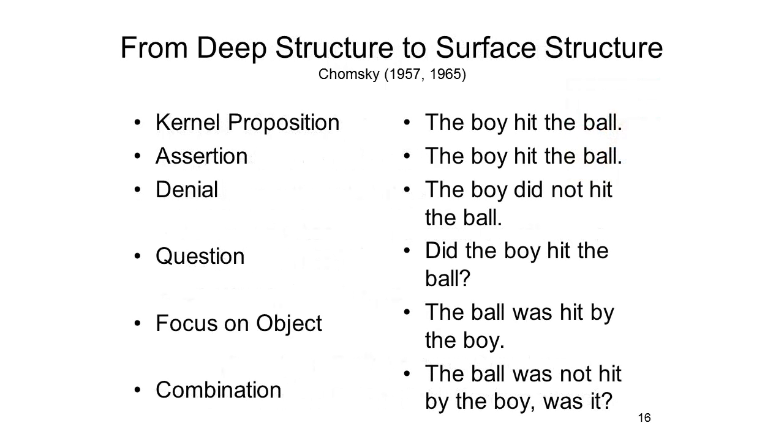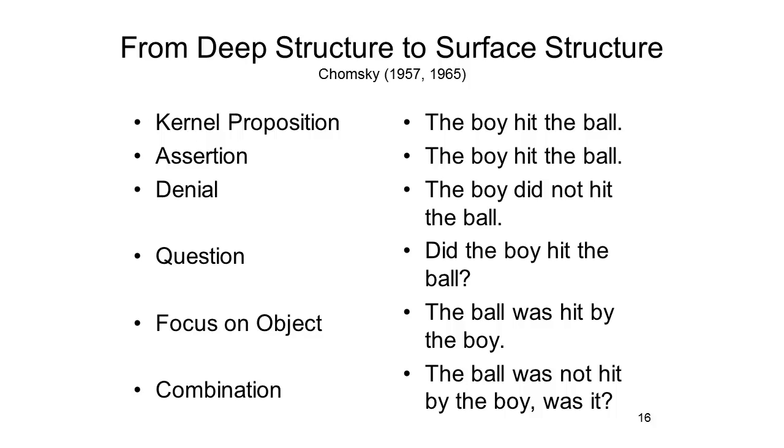Here in simplified form is how this system is supposed to work. Let's consider a proposition like, the boy hit the ball. That kernel of meaning can be expressed in many different ways. For example, we can simply assert that the boy hit the ball. Or we can take an attitude of denial. The boy did not hit the ball.